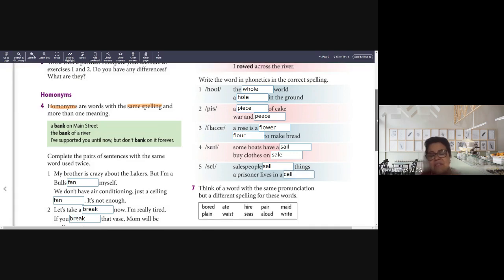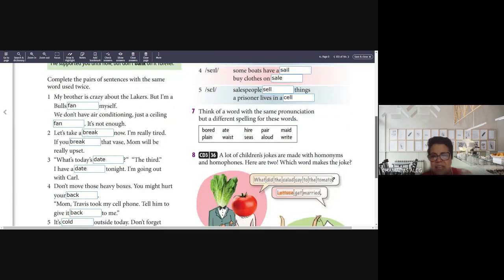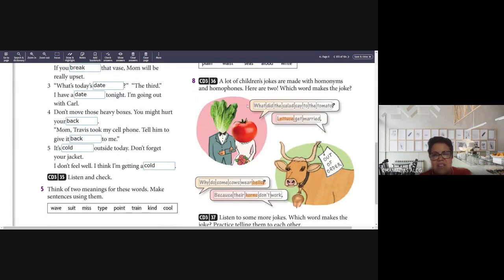Okay, guys. All right, guys. So this is only a joke. Some children actually play jokes using puns, using these words like homophones, sometimes homonyms. So here we have an example. What did the salad say to the tomato?